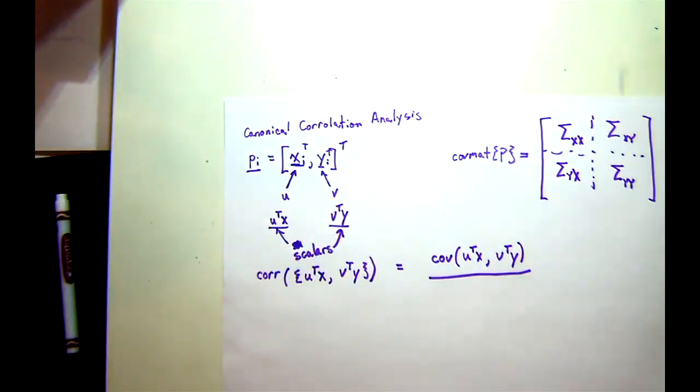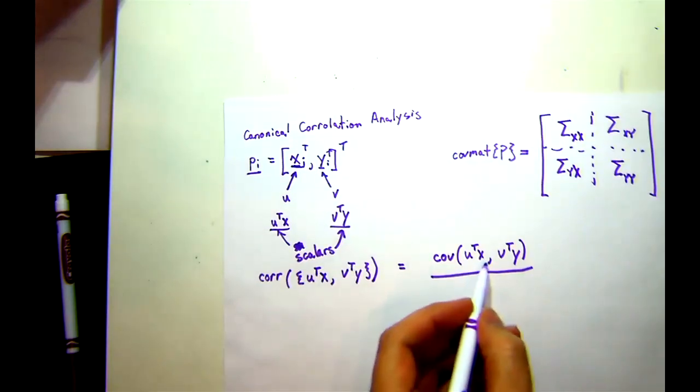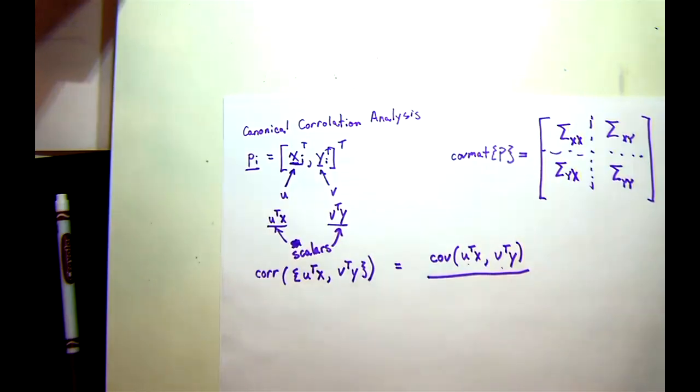I didn't mention that, but the U is the same dimension as X. The V is the same dimension as Y. You take the dot product, you end up with scalars. So we're taking the covariance of two scalars.